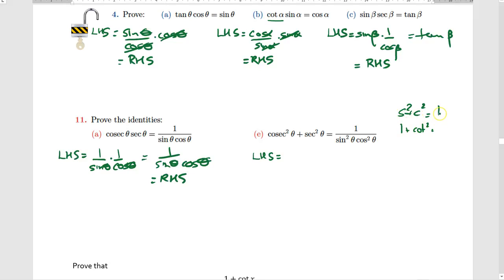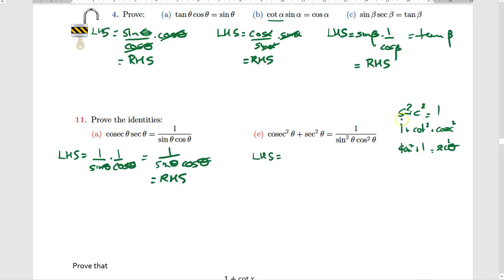Cos squared on sine squared is cot squared, 1 on sine squared is cosec squared. So if I divided through by cos squared, I could have sine squared on cos squared is tan squared, cos squared on cos squared is 1, and 1 on cos squared is sec squared.